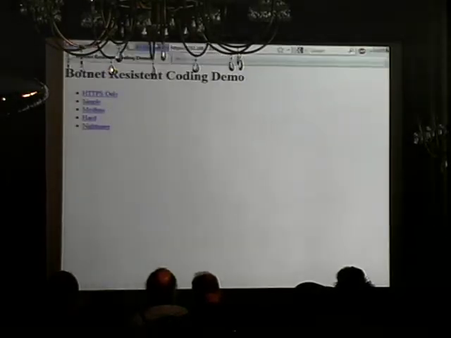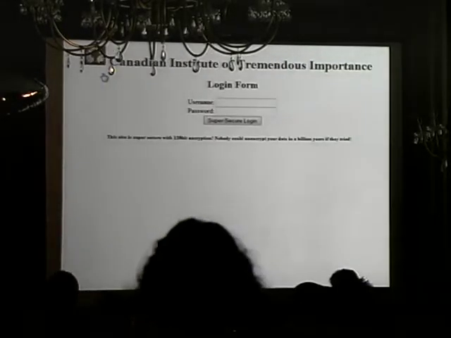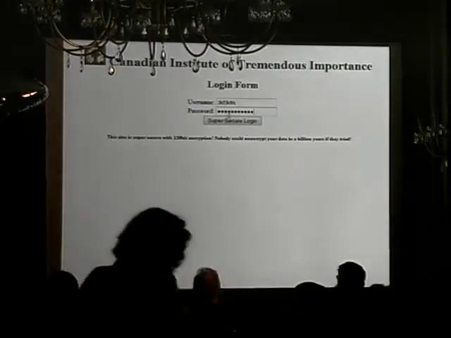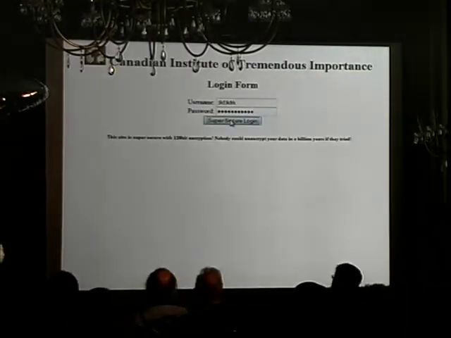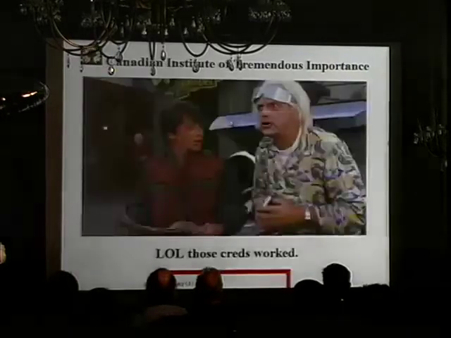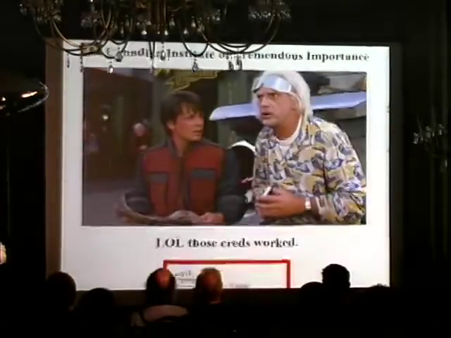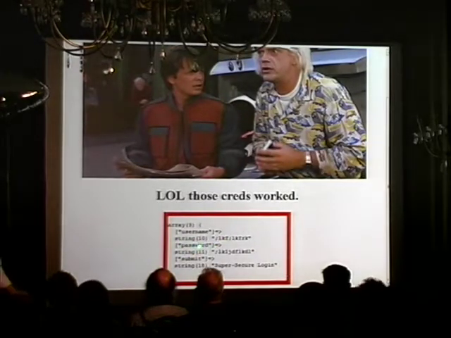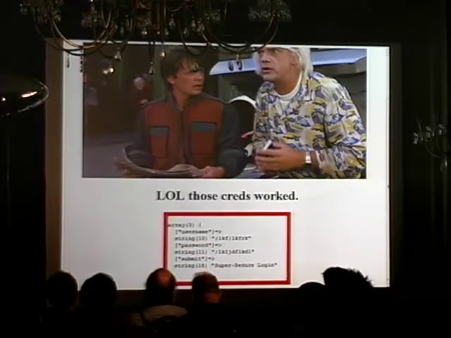Okay, so normally we have the HTTPS only, and the way this works is type in your username, your password, and you hit the login button, and then what Zeus sees is the username here. As you can see, I'm dumping the array. You see the username and the password right there.